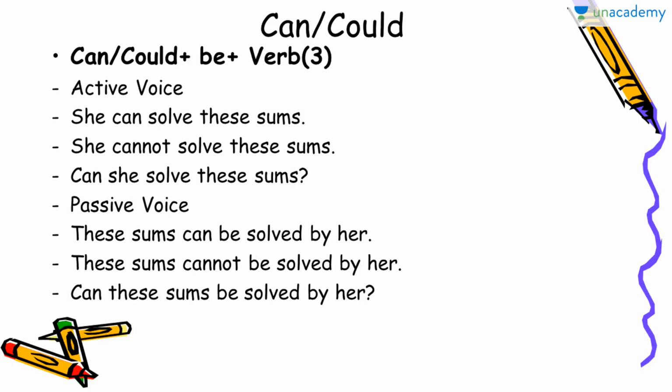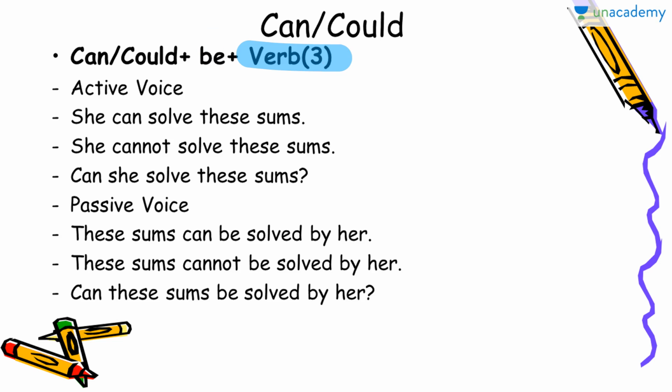Let's start with the first set of modals, which is can or could. Could is the past form of can. Now, when we need to make a sentence in passive voice, our sentence will start with the object, then it will be followed by can or could, then be, and then the verb's third form.